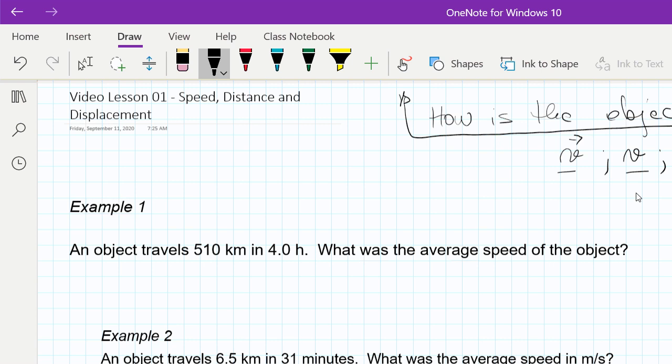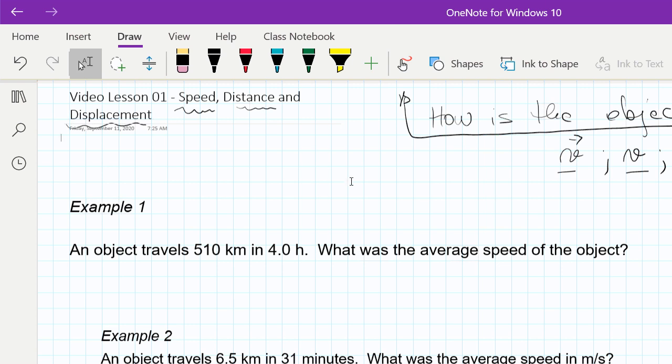So for today, what we will do is look at some of the examples that we have here, and the topics that we will treat are speed, distance, and displacement. Now, when we talked about vectors, you should remember this.